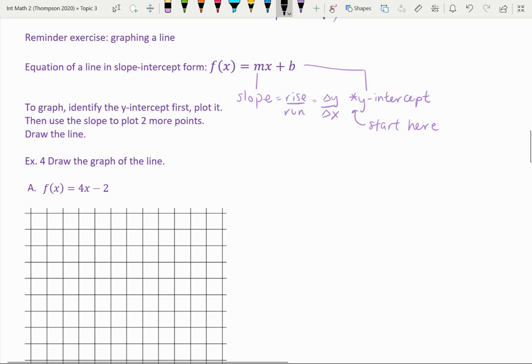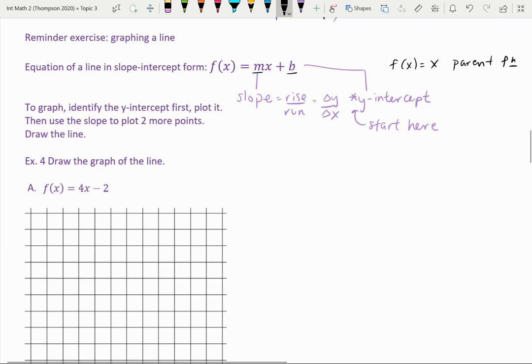Similar to any type of function, but also to the quadratic. Now remember, if something is a transformation like m and b, then the rest of it is the parent function. As a reminder, the parent function for a line is f of x equals x, or y equals x.